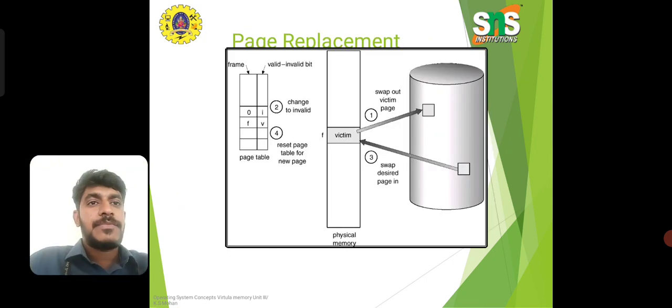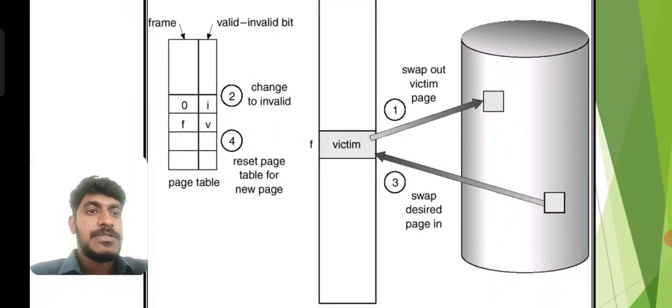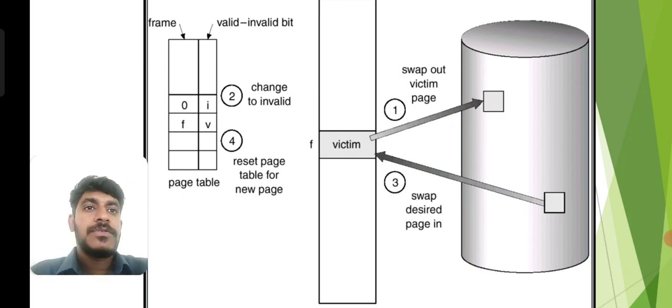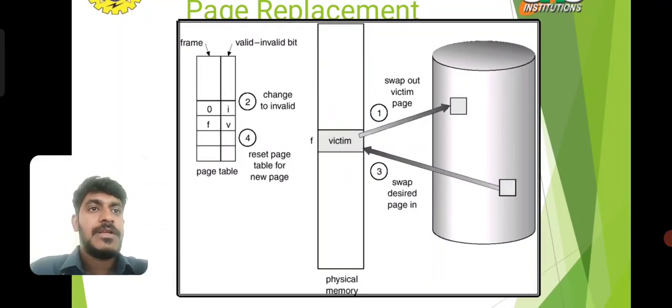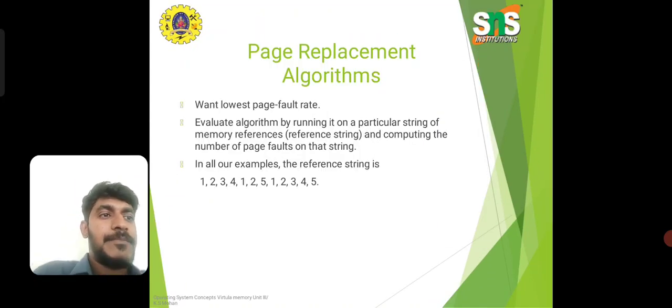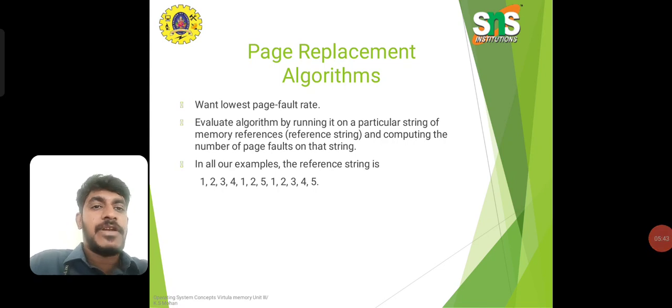Page replacement has victim pages: swap the desired page in, swap out the victim page, change to invalid, and reset the page table. Then there are page replacement algorithms, with different concepts available.